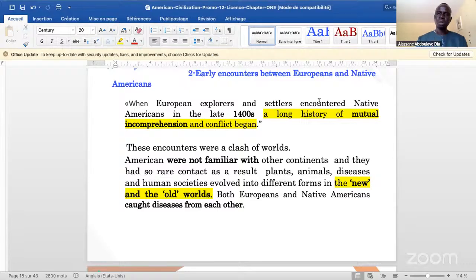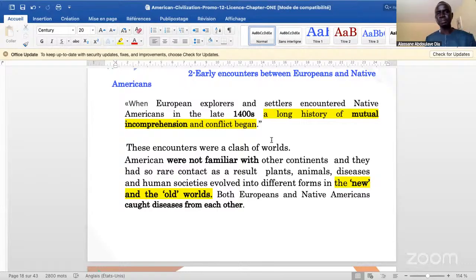Class, when European explorers and settlers encountered Native Americans in the 1400s, a long history of mutual incomprehension began.